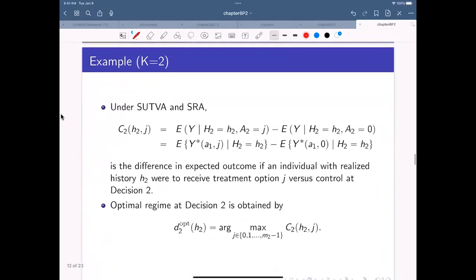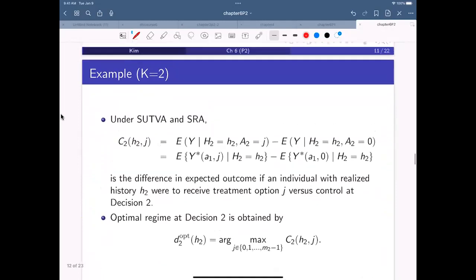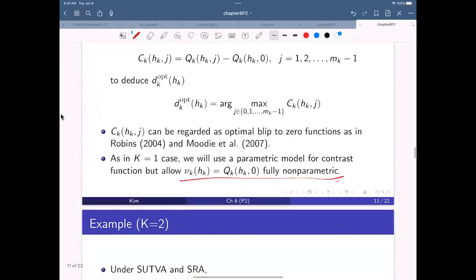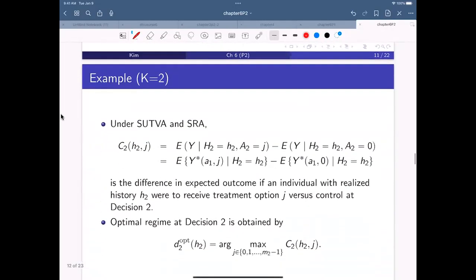First of all, here's some concept. We have K equal 2, so that means we have two contrast functions.